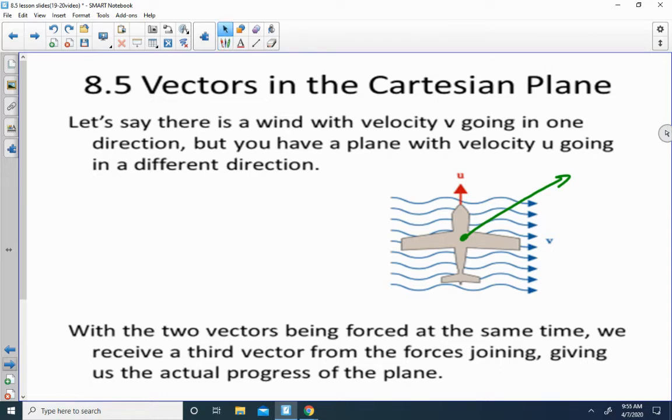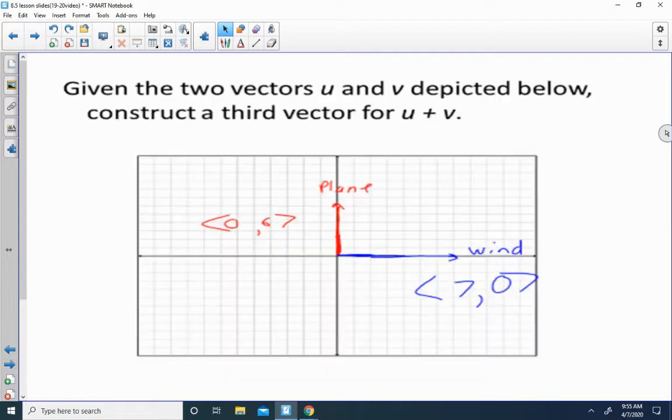Now mathematically, there is a way to calculate these two forces and see where the plane would be pointing. Let me show you on the next slide. So given the two vectors u and v, what would the third vector be like when those two forces work together?